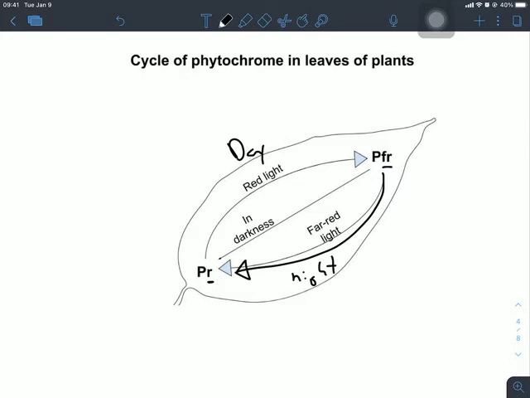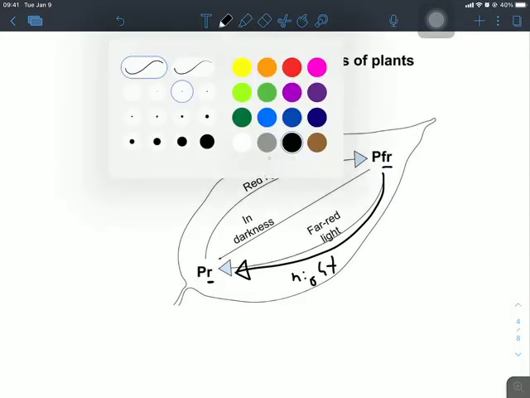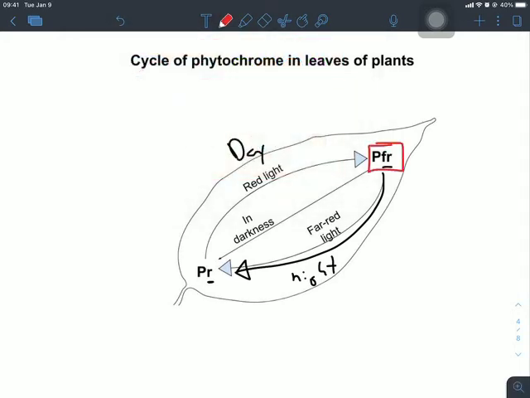If days are really long, that means that the plant has a lot more far red than red, meaning that the days are long, and that these plants will flower when they detect this overabundance or skewed ratio of PFRs versus PRs.